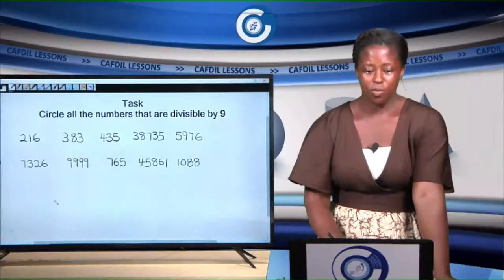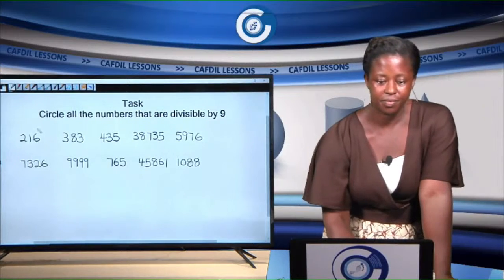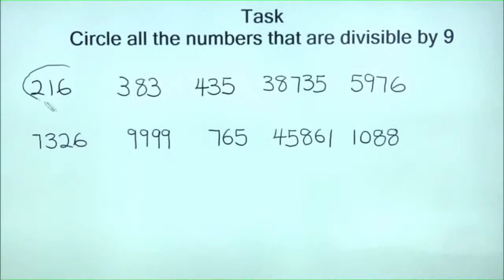The first one is, when we add, we will get a number that is divisible by 9. We have this to be divisible by 9.